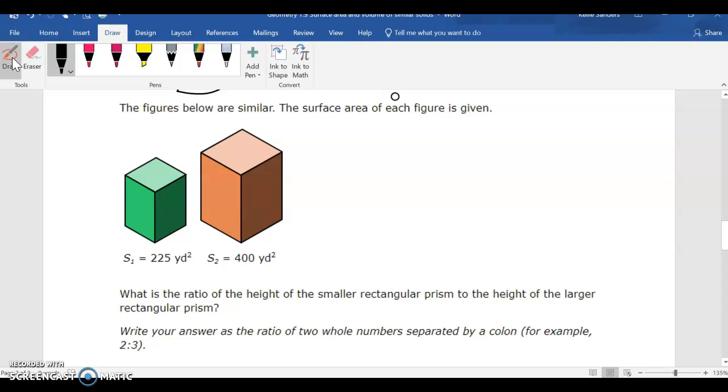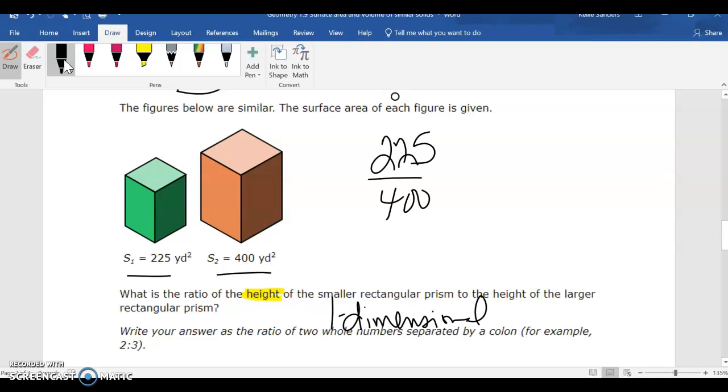Surface areas each are given. What is the ratio of the height of the smaller? If we're just looking for height, height is one-dimensional. Right? These are surface areas. So 225 over 400.